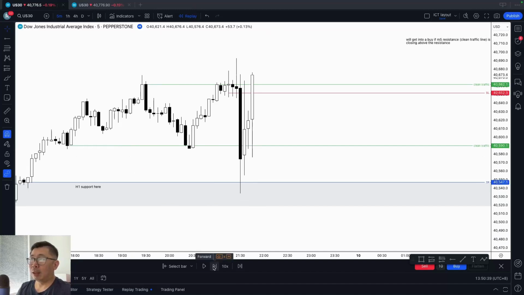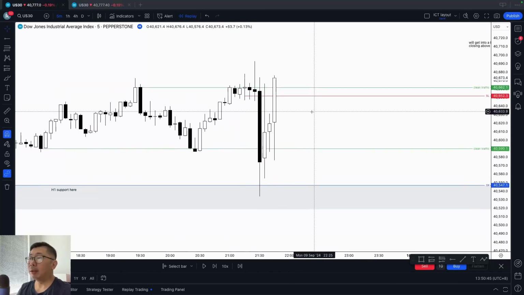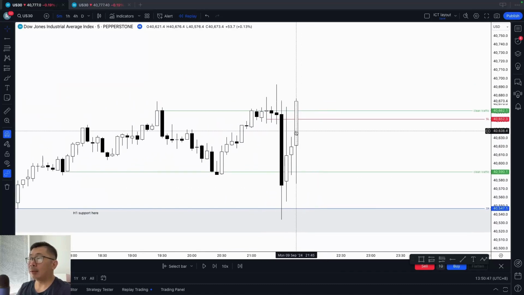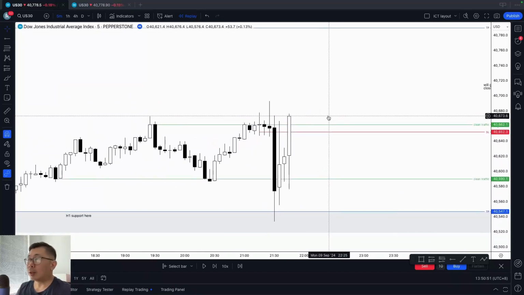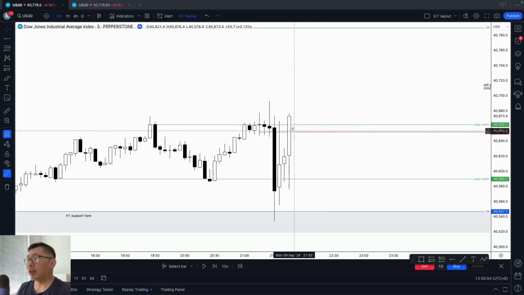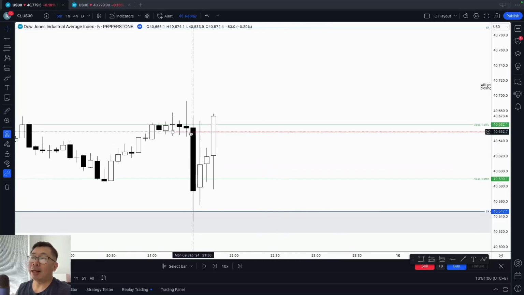Then, if you can see, this was a 9:30 NYSE candle. This candle here was supposedly that candle, if that makes sense.